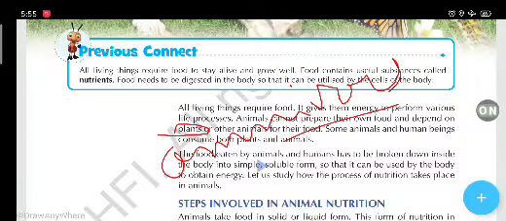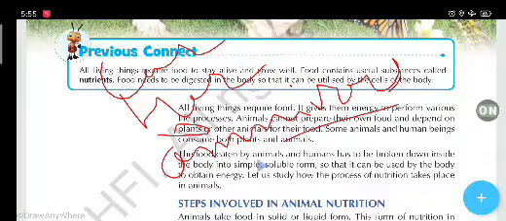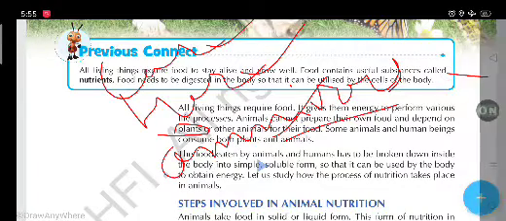In earlier classes you have studied herbivorous and carnivorous. Plant-eating animals are called herbivorous, animal-eating animals are carnivorous, and animals that eat both plants and animals are called omnivorous.